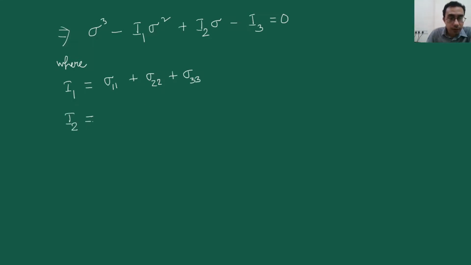I2 is a very nice symmetric form which can be expressed in a very neat and clean fashion like this.